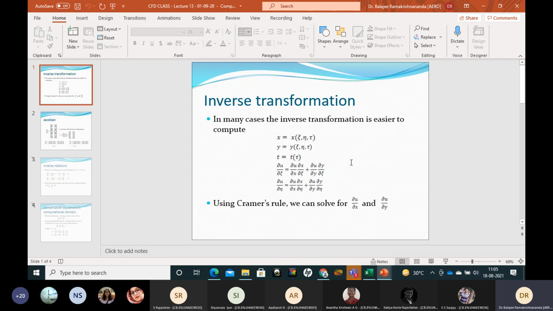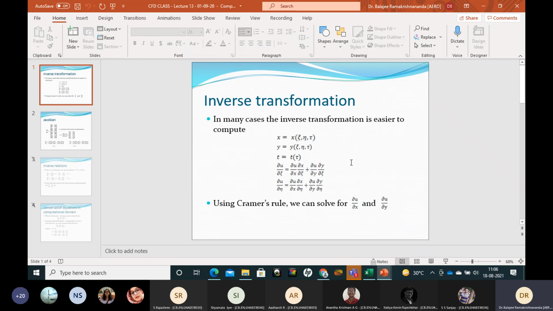So it's easy to find x, y at 1, 2. x at (1,2) minus x at (1,1), divided by Δη, will give you ∂x/∂η. Δη is 1, so just the difference between x at (1,2) and x at (1,1) gives you the difference of Δx in the η direction.